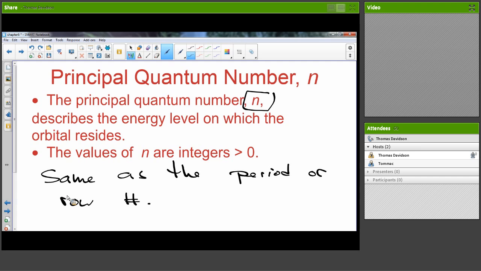So if we're talking about hydrogen's valence electron, it lives in the first energy level. And I know that because hydrogen's on what row of the periodic table? It's row number 1, right? If I was talking about calcium, Ca, and its valence electrons, what would they be in?